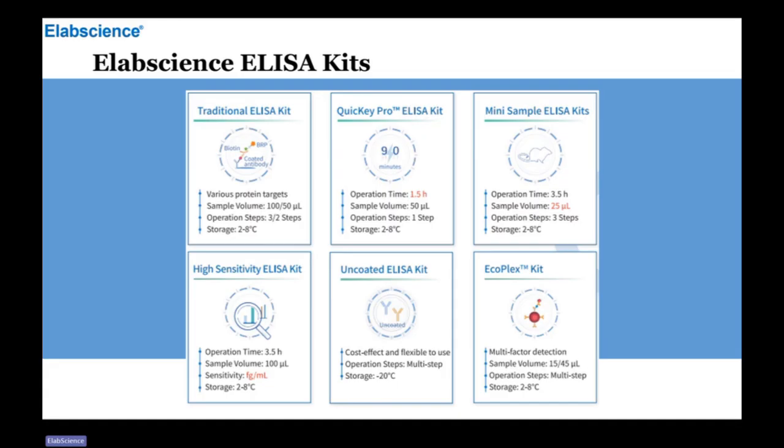And these are very cost-effective for researchers who have larger sample volumes and limited budget. So they can optimize these kits by themselves in the lab. They just have to perform the coating by themselves and incubate it for 24 hours, and they are good to go whenever they want.